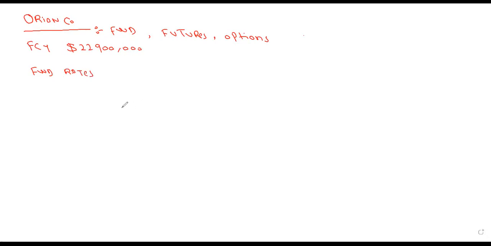It's 0.2370 and 0.2374. What were the currency denominations? It's USD per CHF, dollars over CHF.